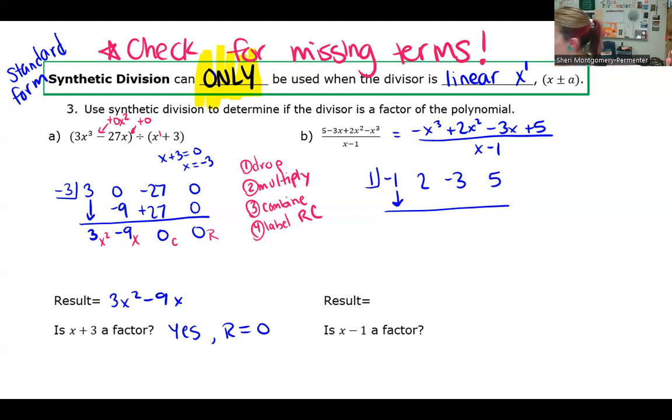Were you able to set it up correctly? Just with the coefficients.